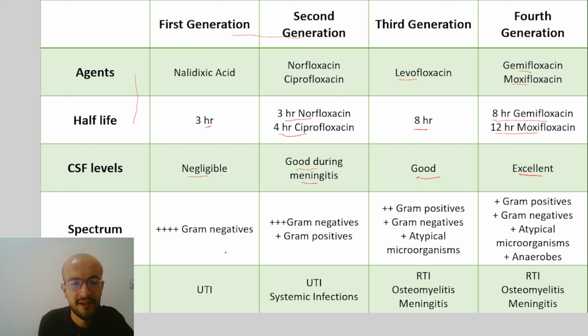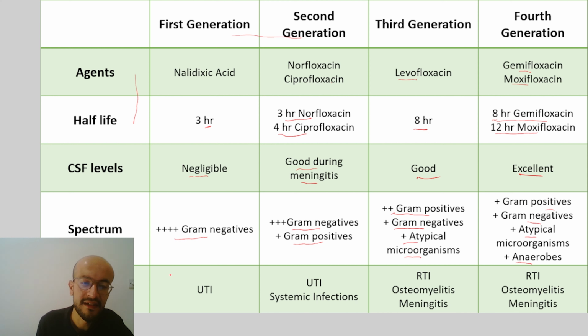For the spectrum, the first generation covers gram-negatives only. The second generation covers mostly gram-negatives, but some gram-positives. The third generation covers gram-positives better than gram-negatives, and it also covers the atypical microorganisms. The fourth generation covers gram-positives, gram-negatives, atypical microorganisms, and anaerobes.